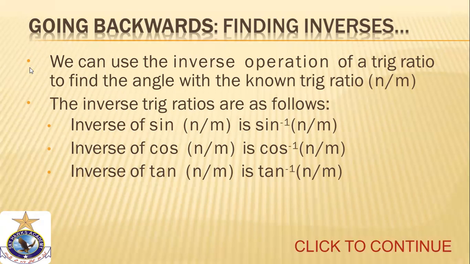The inverse trig ratios are as follows: inverse of sin n over m is sin to the power of -1 of n divided by m. Inverse of cosine n over m is cosine to the power of -1 of n over m. And inverse of tan n over m is tan to the power of -1 of n divided by m.